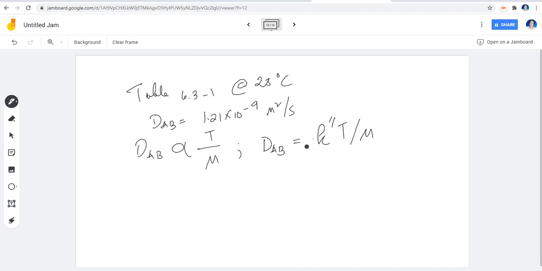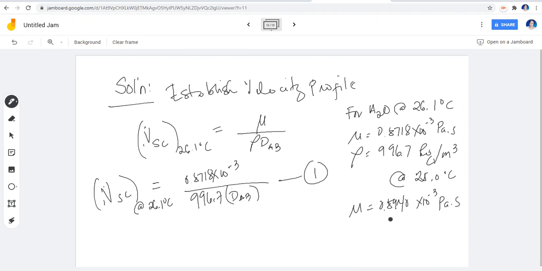So I'd like to determine this constant, because since it's a constant, it doesn't matter what temperature we are determining the molar diffusivity at. So for example, since I know already the molar diffusivity at 25, I will have 1.21 times 10 raised to negative 9, and I will have the constant K double prime here, and I will multiply it to the temperature at 25, which is 298, and our mu at 25, which we determined here, so 0.8940.